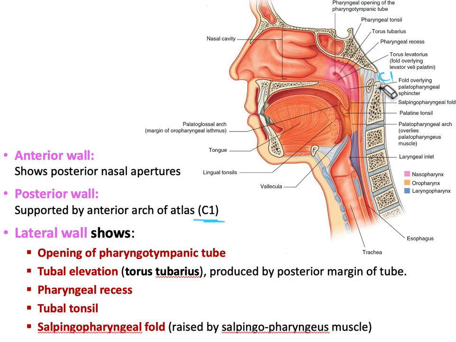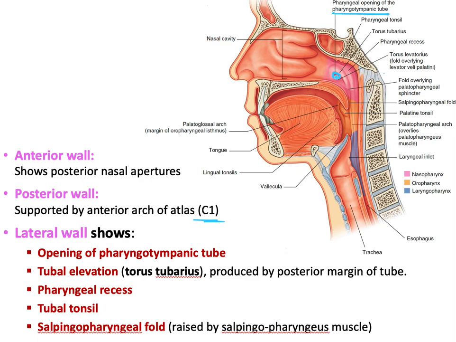Let us start from this one. You see an opening here, which is the opening of the pharyngotympanic tube, or we call it the eustachian tube. It is connected with the middle ear, which is a source of infection to the middle ear, causing otitis media.